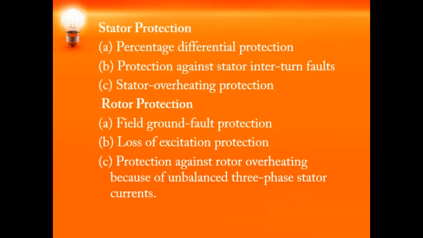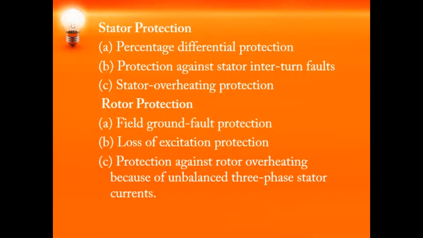That is why the protection scheme is categorized into three: first, protection of the stator; second, protection of the rotor; and third, overall protection of the generator. First, coming to stator protection, we have percentage differential protection, protection against stator interturn faults, and stator overheating protection.